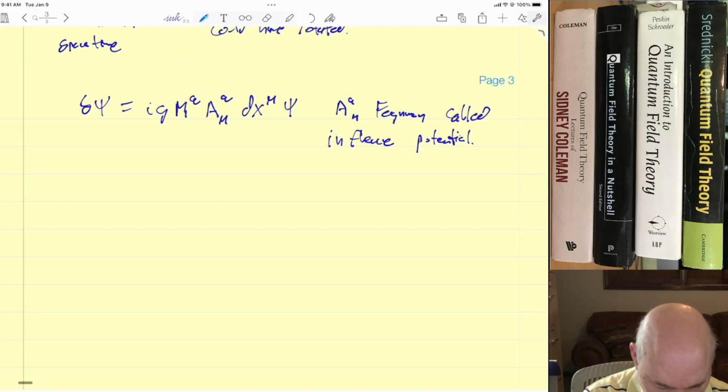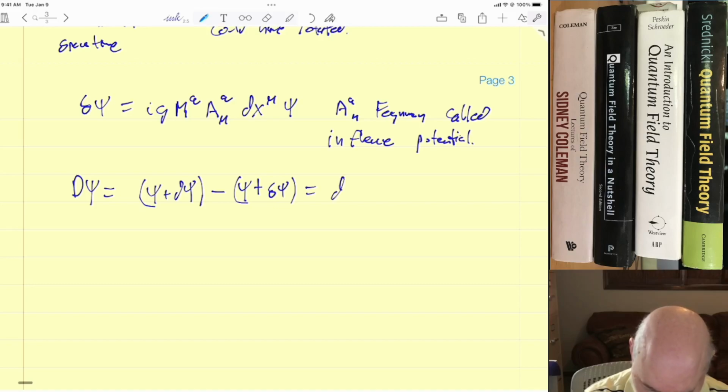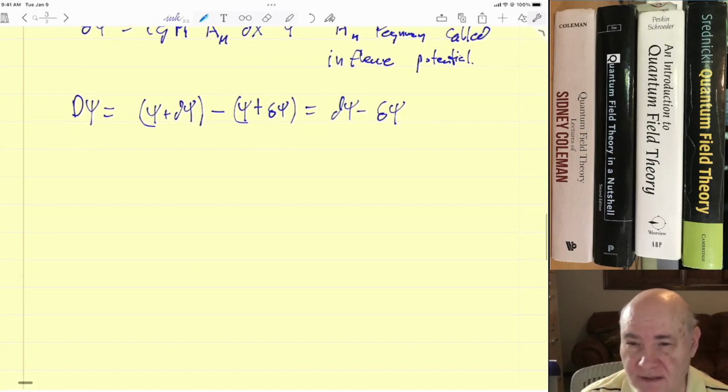So what we do now is we define the covariant derivative as d psi is equal to psi plus d psi. But we have to take into account how much they've rotated. And so we get psi plus delta psi. This is equal to d psi minus delta psi. And for those of you who have taken general relativity or studied some differential geometry, this is the same thing we do with covariant derivatives when we're using regular coordinates.